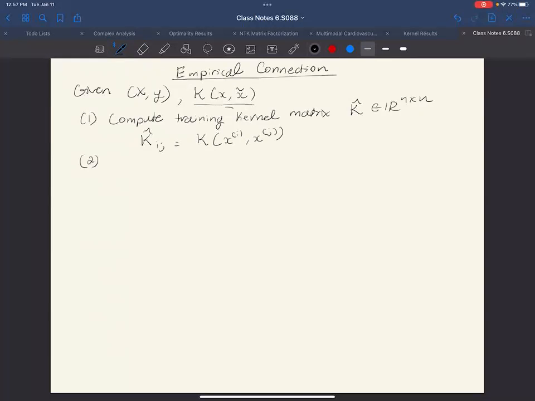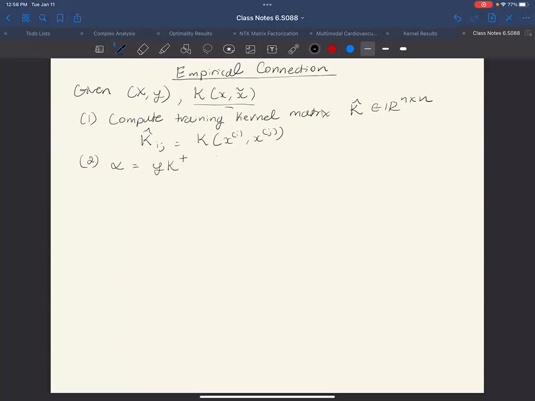Now, this is the tricky part, I think. There's many, many ways to solve kernel regression. The simplest one by far is to just use the solve function in NumPy. And what you're going to do is solve for your alphas.